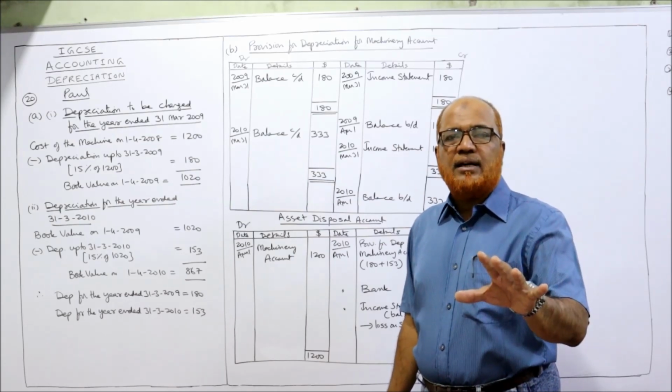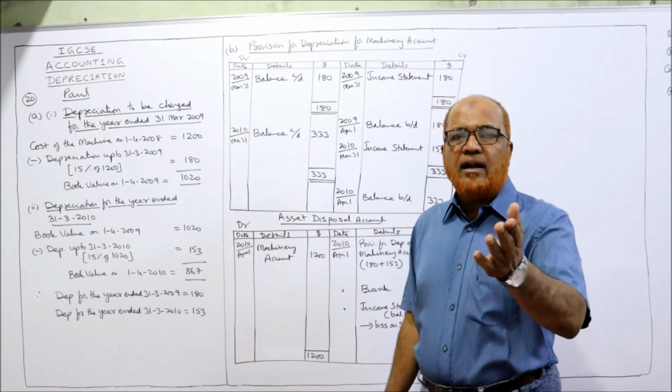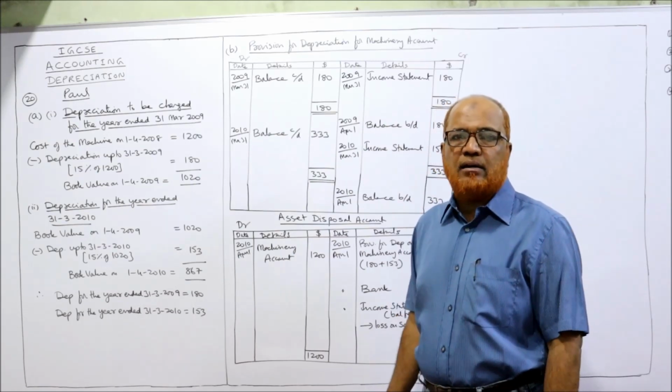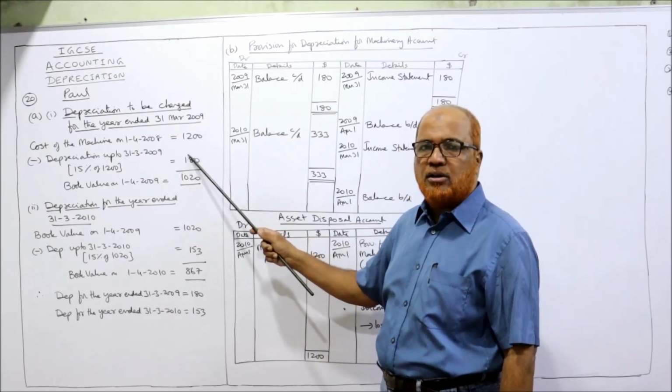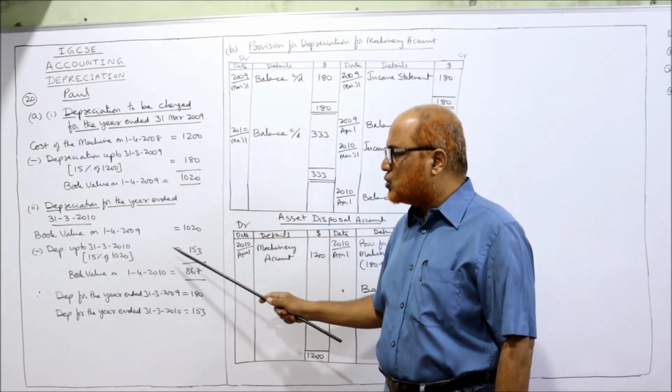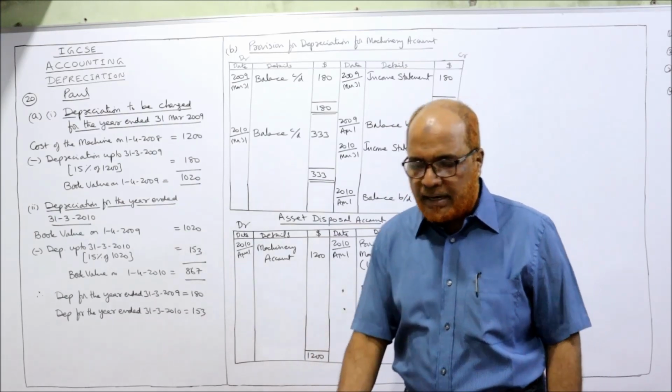So we have calculated depreciation for 31st March 2009 and 31st March 2010. For 31st March 2009, depreciation is $180 and for 31st March 2010, $153. The first question is completed.